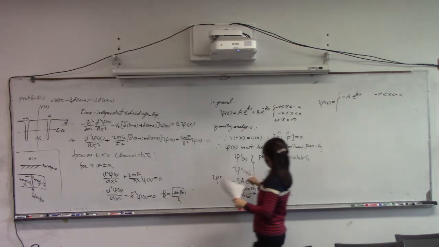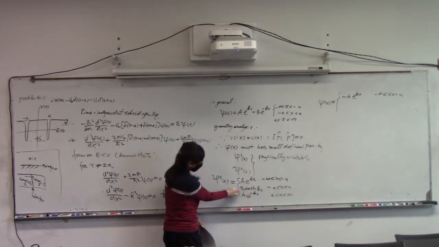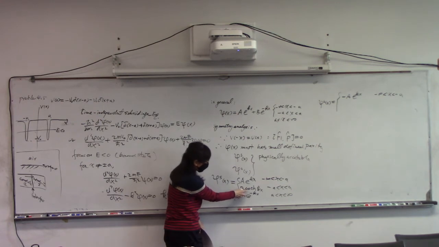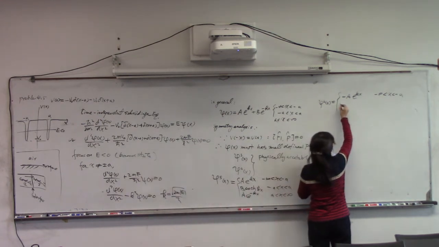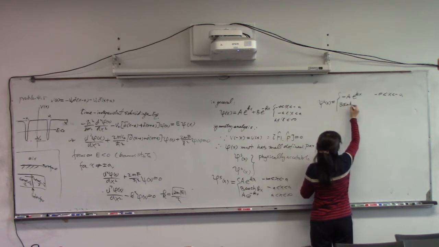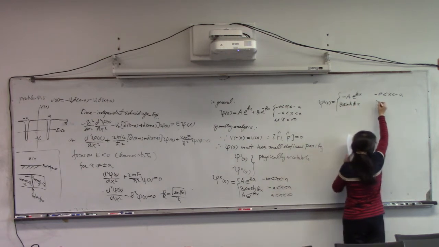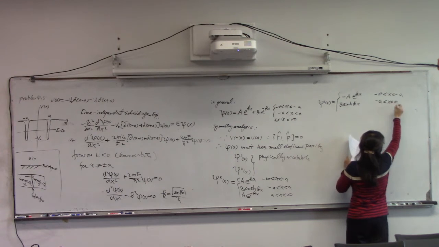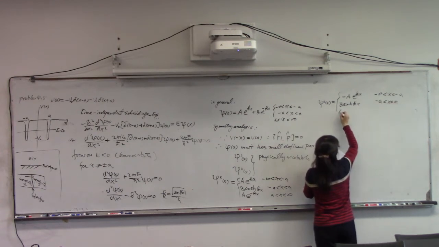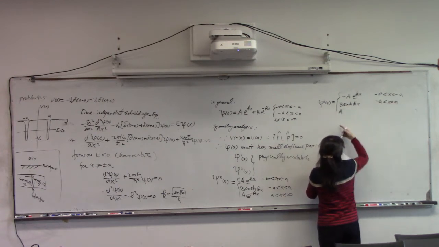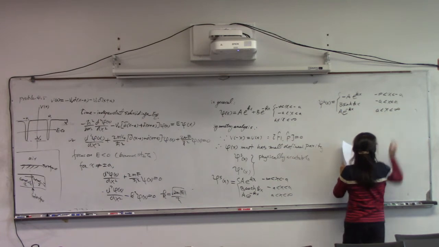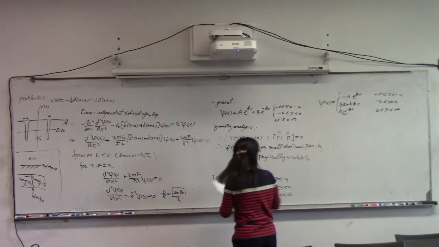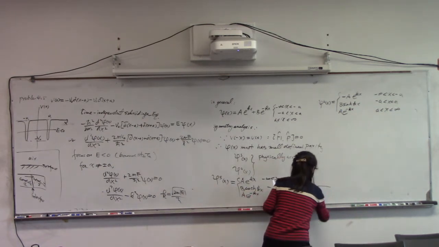Then the intermediate region is still the same thing, but for the symmetric we use hyperbolic cosine, while the anti-symmetric will be hyperbolic sine. And for positive x we have e^{-kx}, right?